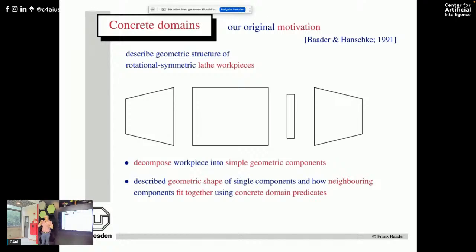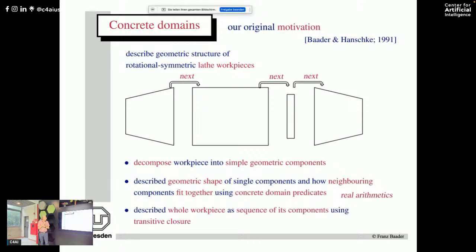With concrete domain predicates, we can refer to numbers and then compare them somehow. And we use real arithmetic, so it's decidable but of relatively high complexity. This was the idea. And then, of course, we want to describe the whole lathe workpiece, and there we just say that it's composed of these parts.